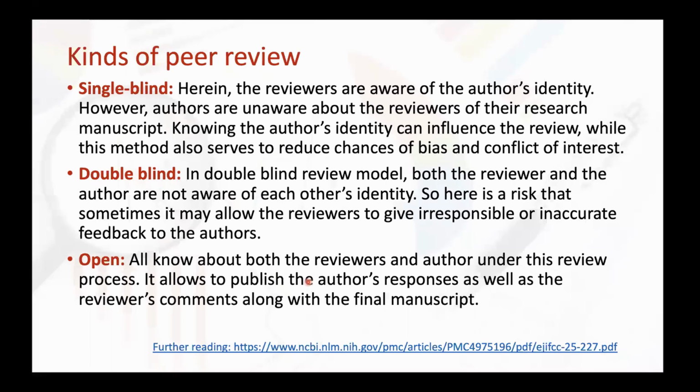For example, the reviewer will know the author and the author will also know the reviewer. So these three kinds of review processes are there in journals. Okay, it basically depends upon the policy of a journal, what kind of review process they prefer or resort to.